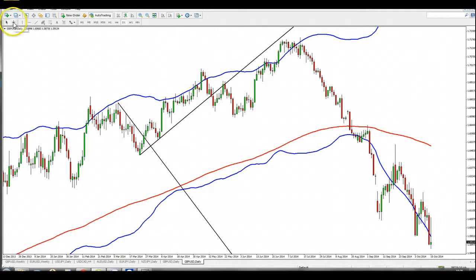Now, a few other ways of exiting: exit on the touch of a Bollinger Band, exit on a price you're happy with, like say for instance if the price goes to a 3-to-1, 4-to-1 risk to reward ratio, and any losses that you've had, if you've had 3-4 bad trades before and this one trade wipes out 4 bad losses, sure, close the trade, take it out, be happy, forget about all those losses.